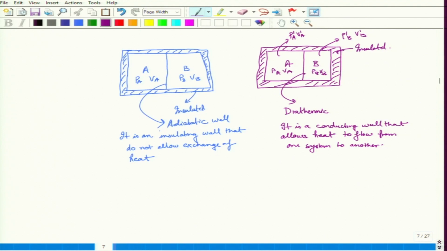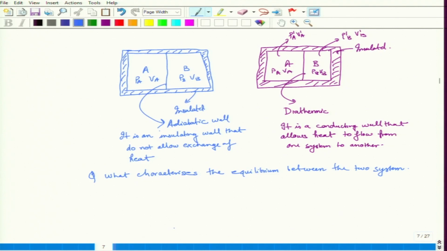Now the question arises: what characterizes the situation of thermal equilibrium between the two systems? What characterizes the equilibrium between the two systems?